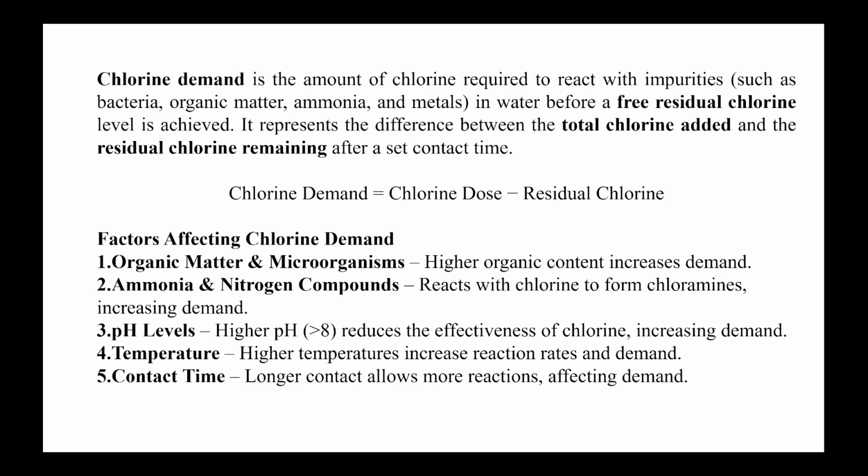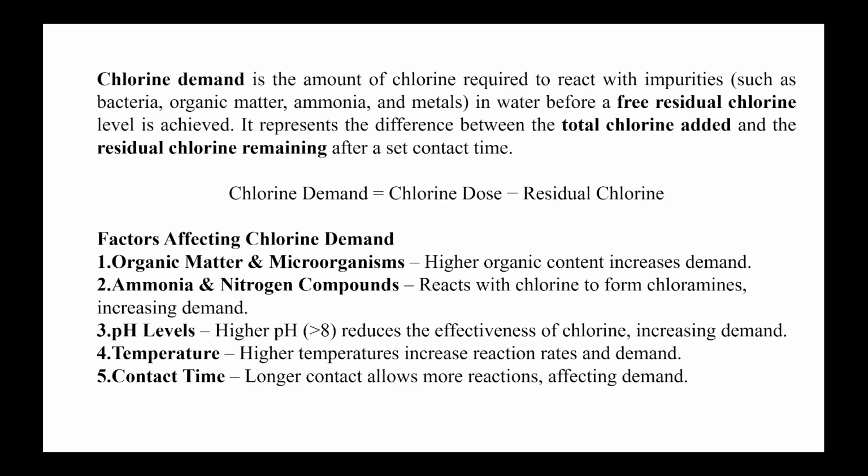Also, it depends on pH levels. Why does it depend on pH level? Because, as I told you, the amount of hypochlorite ion in water depends on pH. Higher pH, more than 8, reduces the effectiveness of chlorine, increasing the demand. Why?